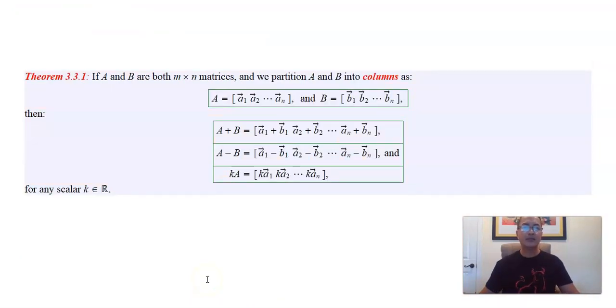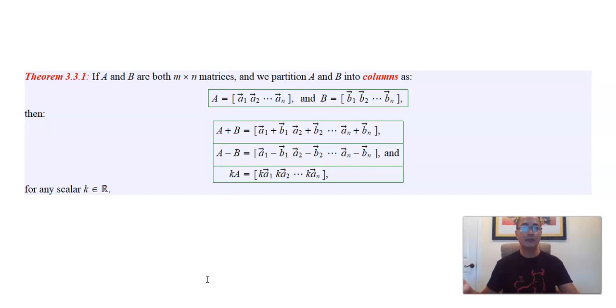Alright, so we talked about adding just pairs of numbers found in A and found in B. But we said, you know what, we can also make matrices by assembling vectors into columns or by assembling vectors into rows. Alright, so we already talked about partitioning matrices into rows or into columns.